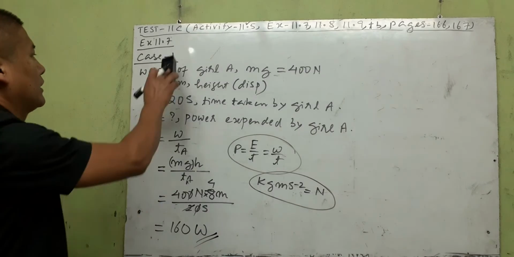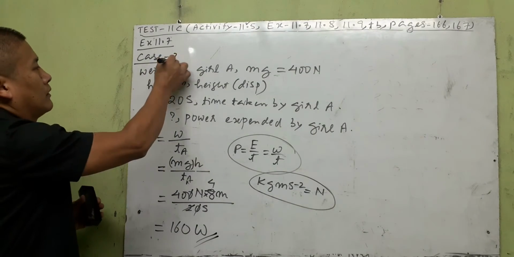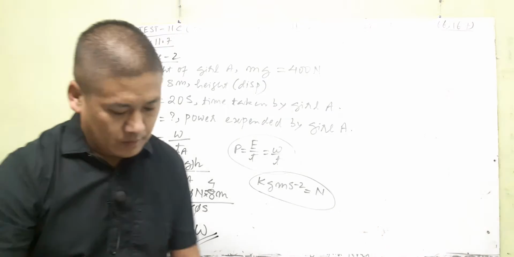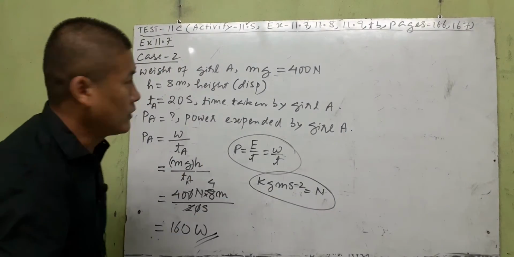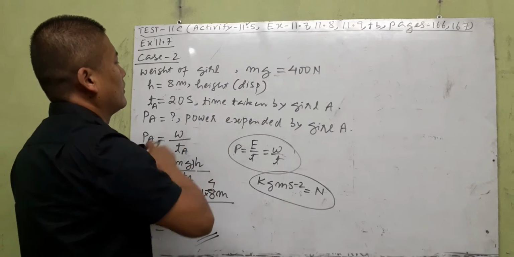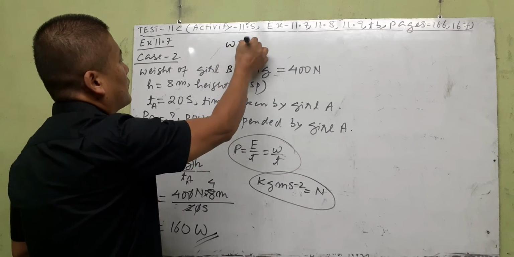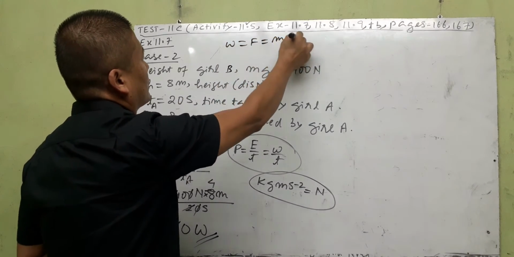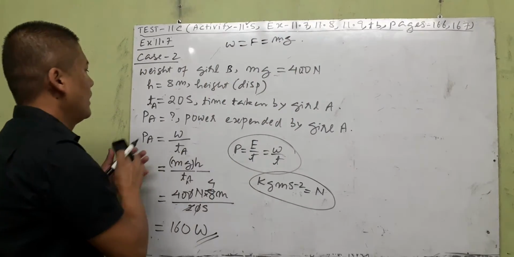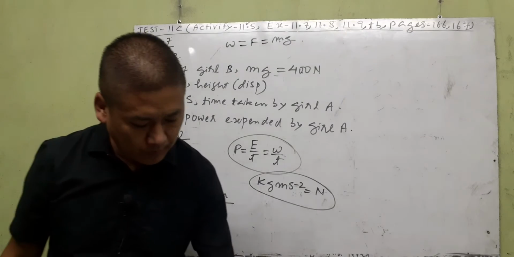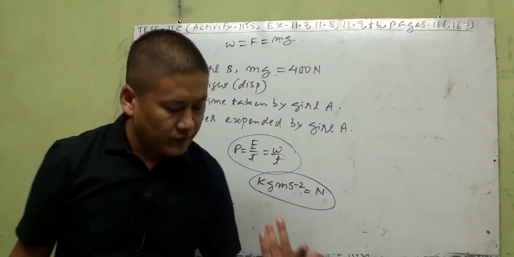Now case 2, second girl. Let's go there. Each weighs 400 Newton, which means they have the same mass. So the weight of girl B is also, we know weight and force are the same and both equal to mg. So in place of the weight we are putting mg here, same. The height to which she climbed is the same for the second girl also.